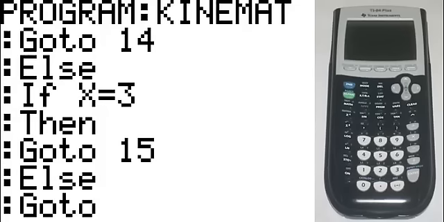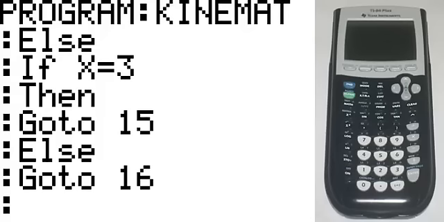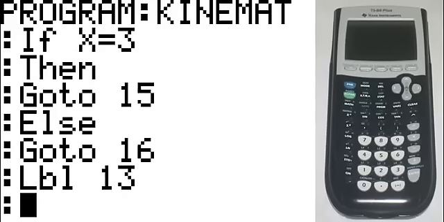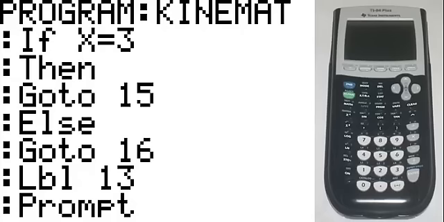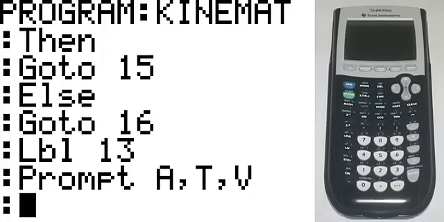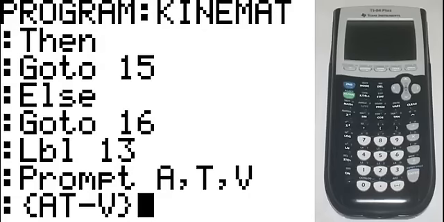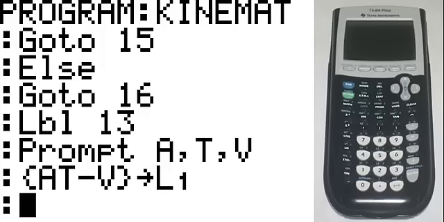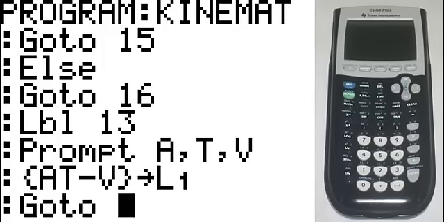Else, go to 16. Label 13. Here we're going to prompt the variables a, t, v. In squiggled parentheses, at minus v, goes to L1. Go to theta.